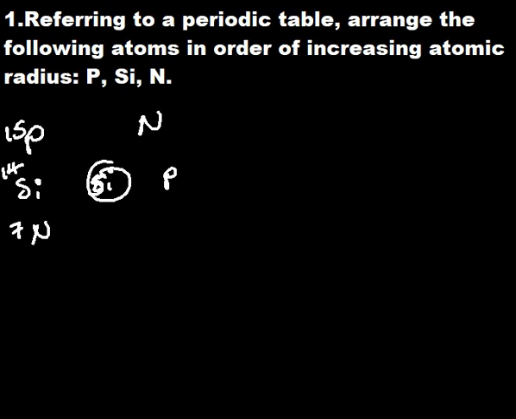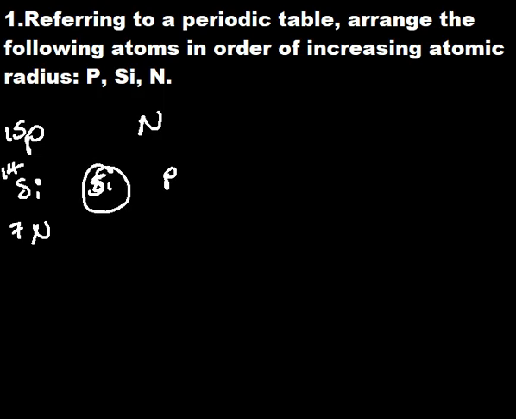These two elements have the largest atomic radius, because they have 3 shells compared to nitrogen, which has 2 shells.